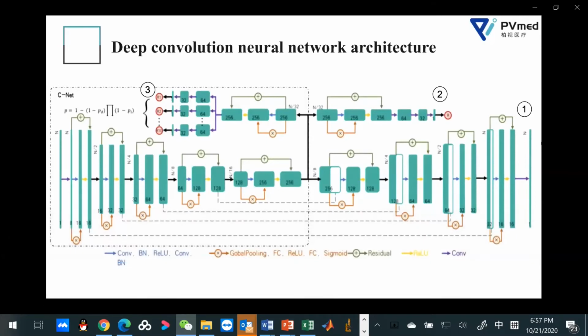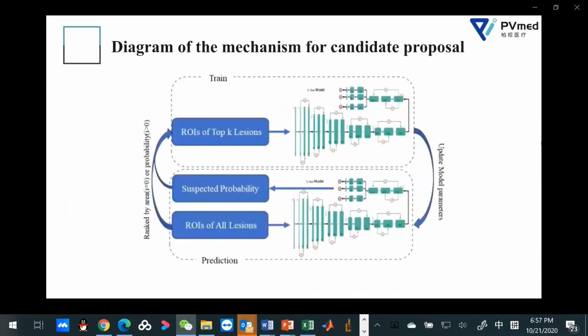The encoder and the first and the second branches are optimized in the first training phase. The part named CNET is optimized for accurate lesion level classification. The weighted dice loss and cross entropy loss are used for the training of the lesion segmentation and the lesion classification parts.